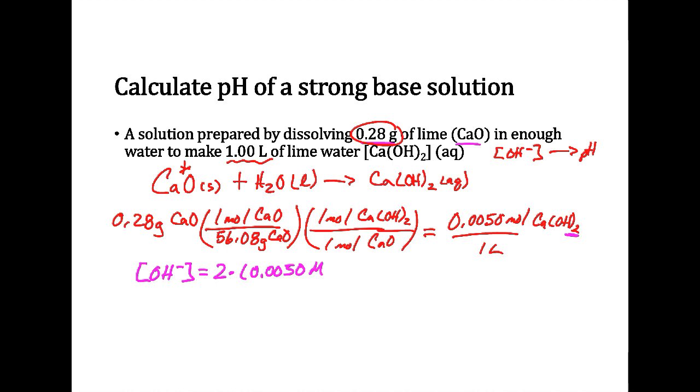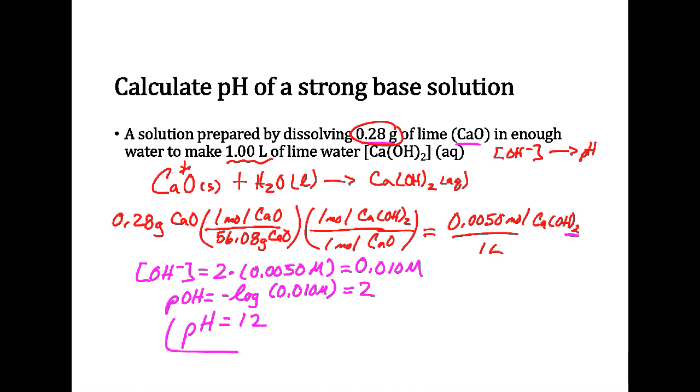And so then we'll end up with a concentration of 0.010 molar. We can find the pOH, which is equal to 2. So pH would be equal to 14 minus the pOH. So our pH is 12.